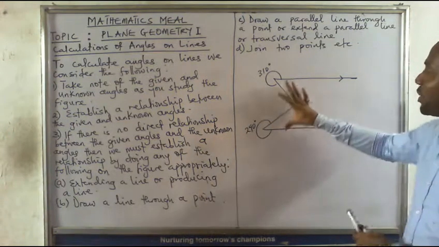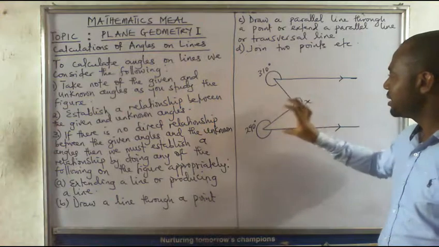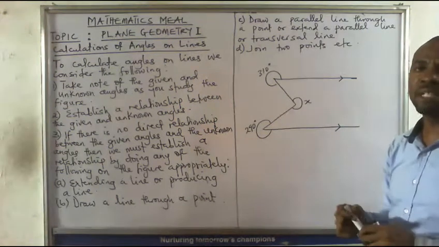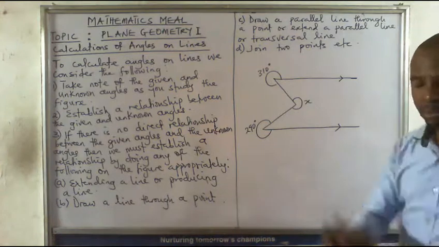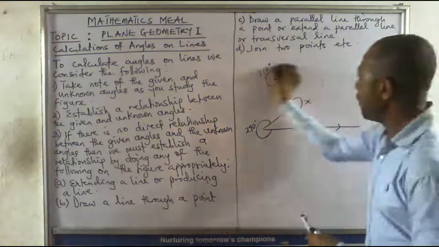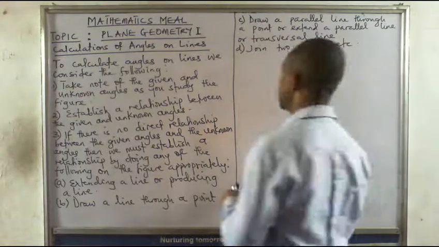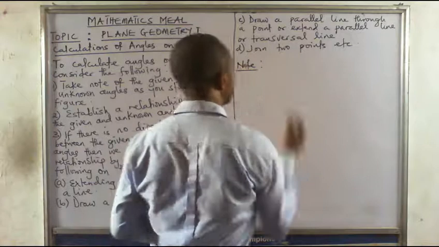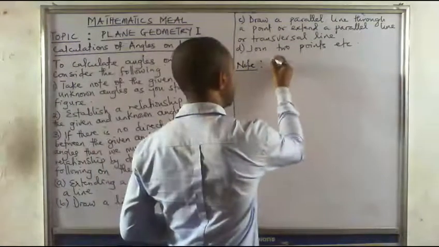So if we look at this figure, there is no direct relationship between this and this. So we must establish one. We must look for something that we have to do in order to solve the problem. Now, there are a few more points that we need to take note of. I will write them under this note.